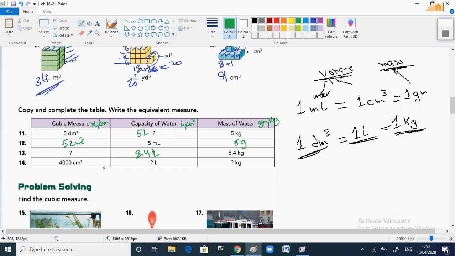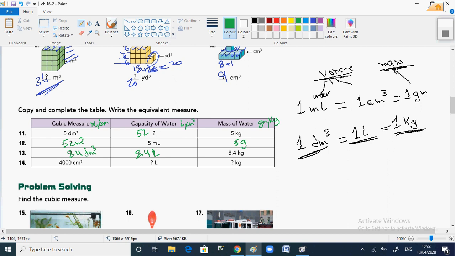And that means 8.4 cubic decimeter, right? And the last one, 4,000 cubic centimeter. Look, 4,000 cubic centimeter.